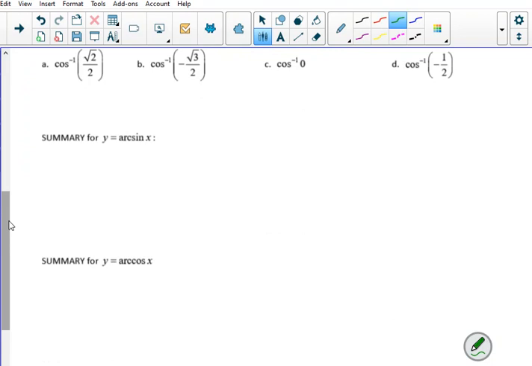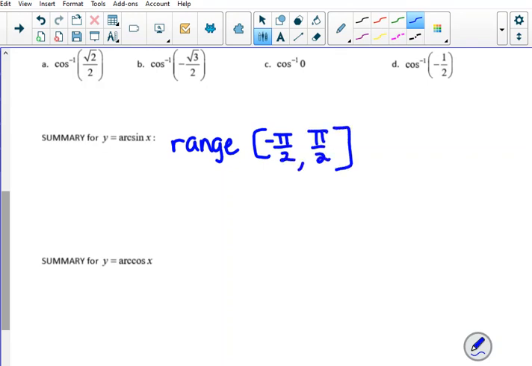So when we do an inverse sine or an arc sine problem, my range is negative pi over 2 to pi over 2, which translates essentially into quadrants 1 and 4 of my unit circle.